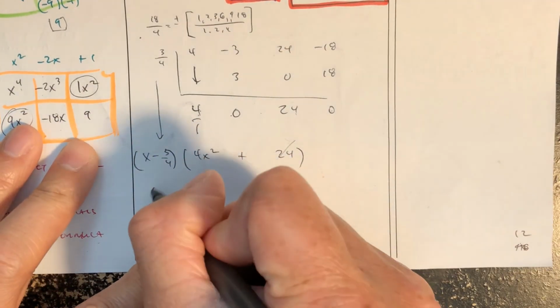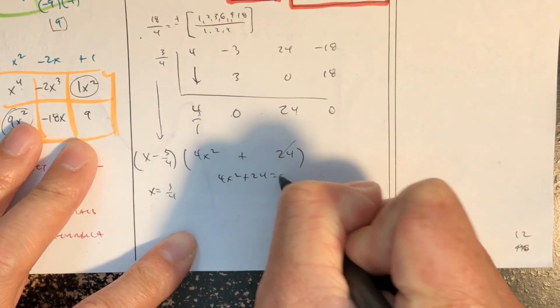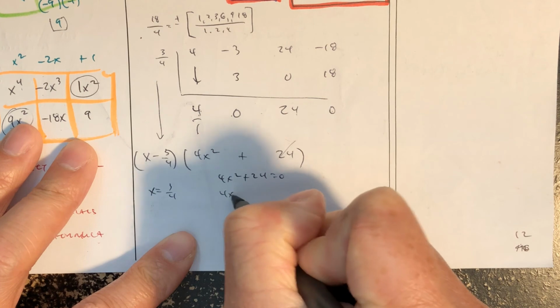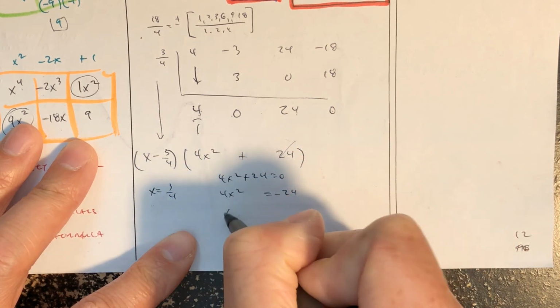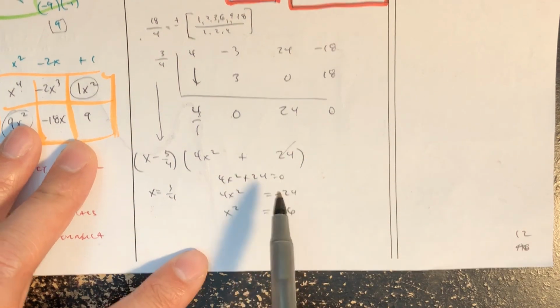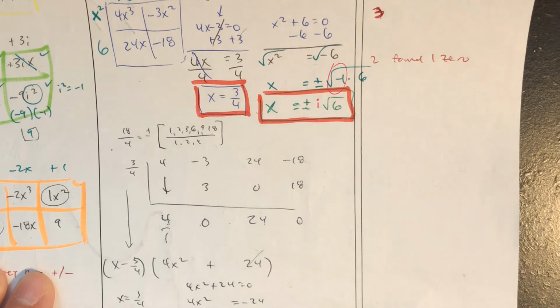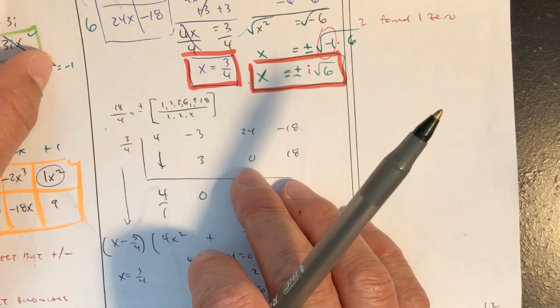You already know that x is equal to 3/4, and then 4x squared plus 24 equals 0. Subtract 24. So I'm just trying to show you guys a different way. Divided by 4. And it essentially comes out to be the same problem right there. Okay? So if you're using rational roots theorem, not wrong in this problem.